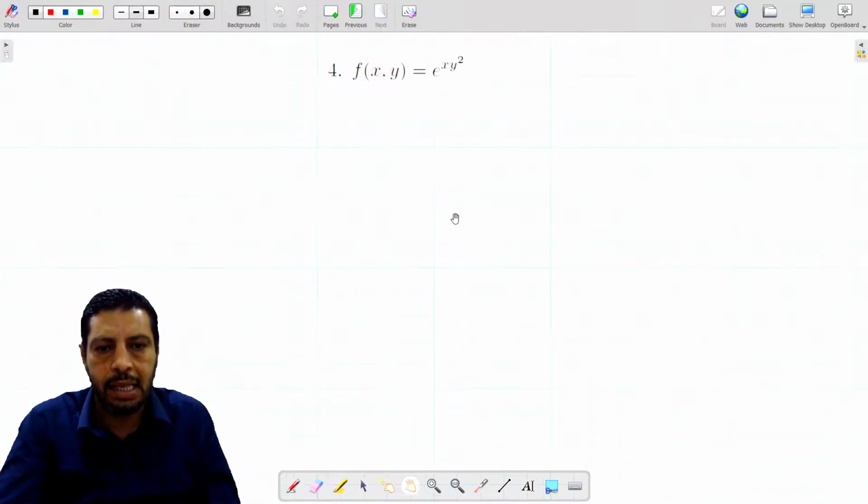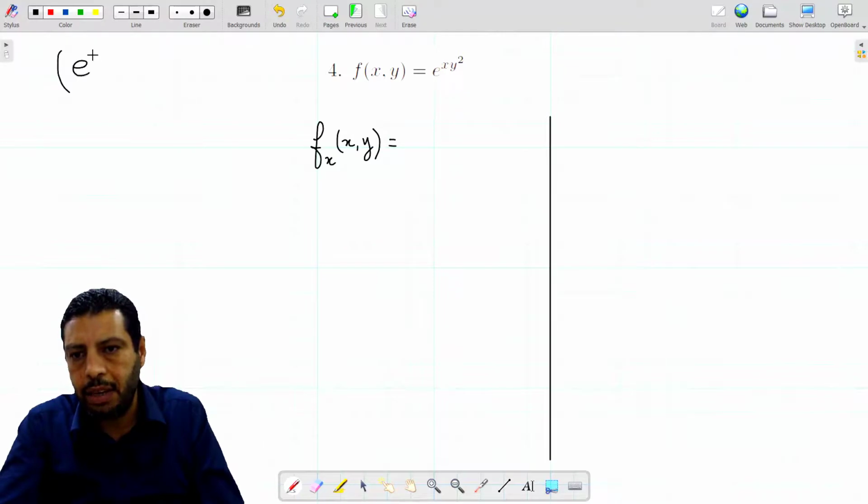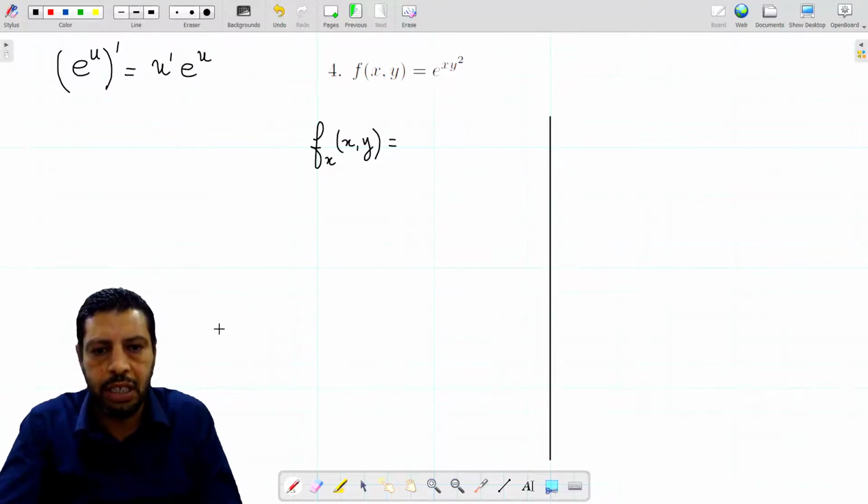Next and last example, an exponential example which involves x and y. So let's start with computing fx. Remember that the derivative of exponential u is u prime exponential u. But instead of u prime, consider the partial derivative.